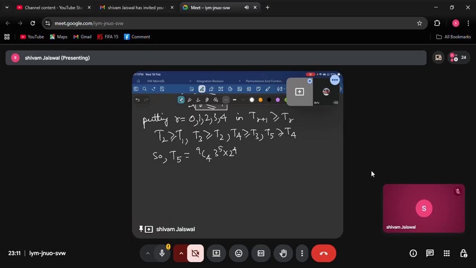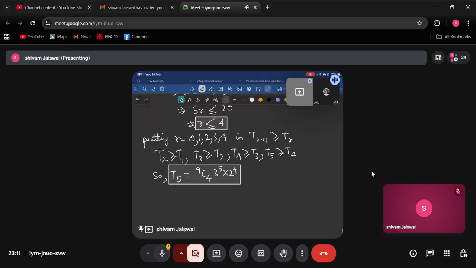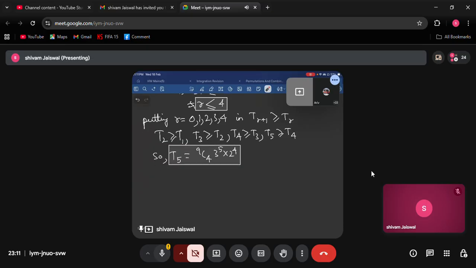Okay, everyone. But since over here you have got an integral value, r is less than or equal to 4, a perfect integer, you need to check whether T5 by T4 is equal to 1 or not.